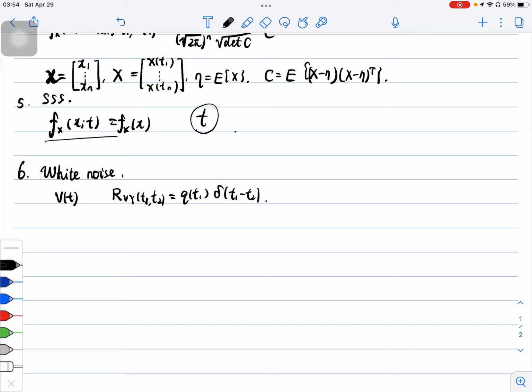White noise is the simplest example of a stationary process. It is a process such that its values at different times, xti and xtj, are nearly independent. Actually, they are uncorrelated.